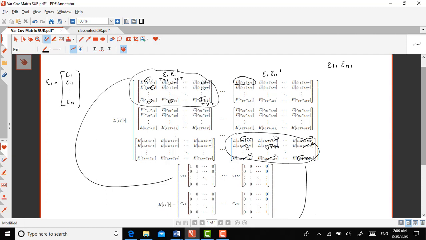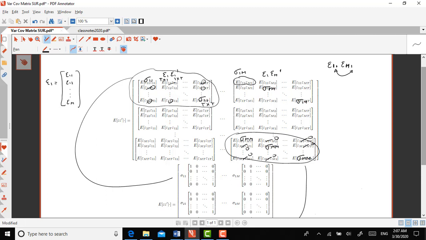Notice that the equation is the first one, this is the n equation, and this is the same individual. So, since we have the same individual, we're assuming that these errors are correlated, and that's what we will call sigma 1n. And again, all the diagonal elements, this is another form of homoscedasticity because we're assuming that this correlation is constant.